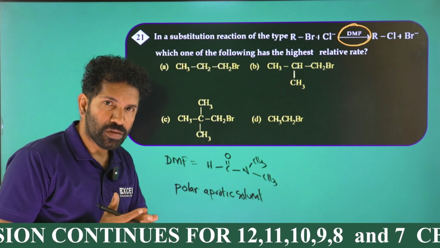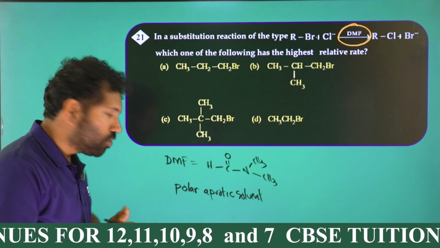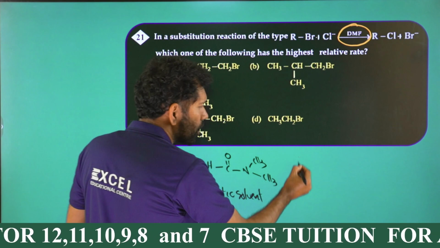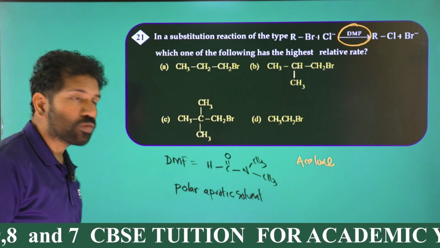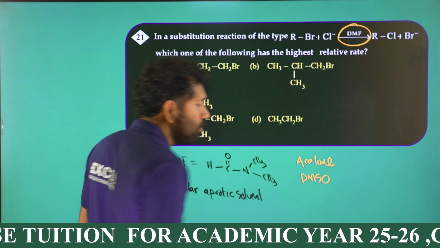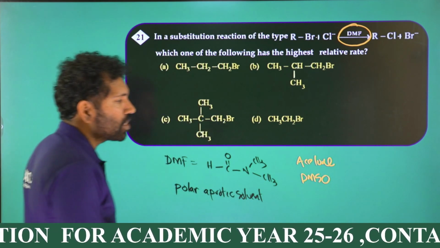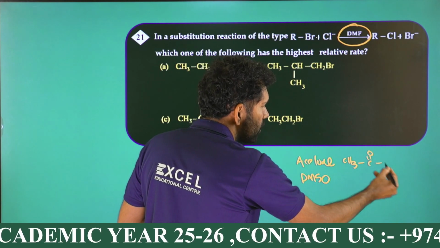That's the question. Okay. So which are the other polar aprotic solvents? You have to remember acetone is another polar aprotic solvent. Another polar aprotic solvent is DMSO, dimethyl sulfoxide. Acetone is CH3, C double bond O, CH3.